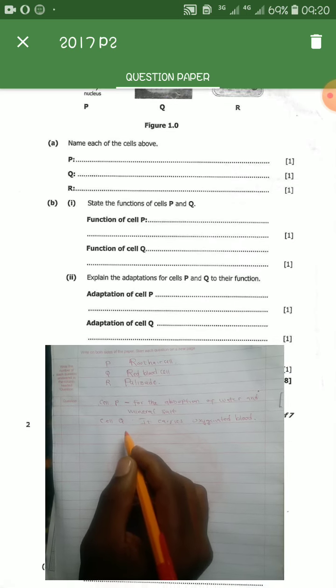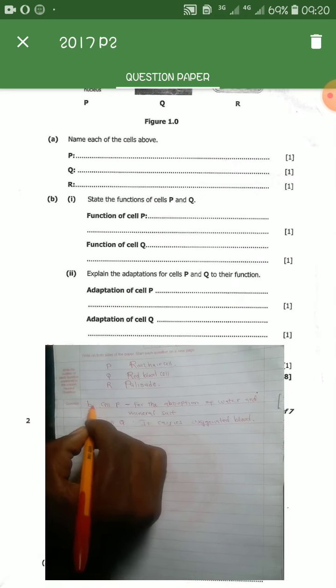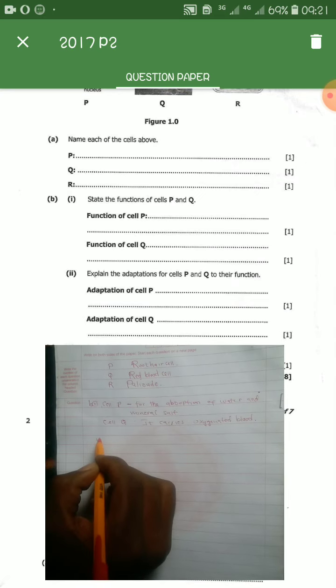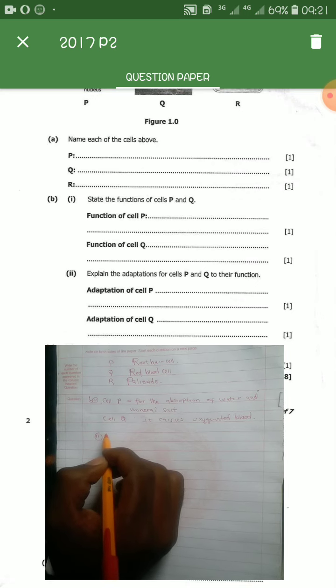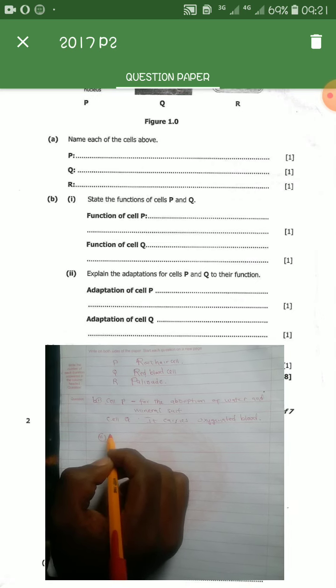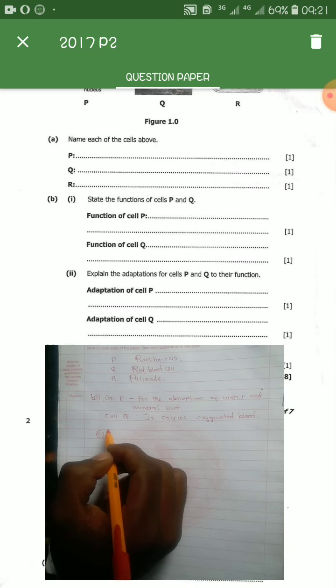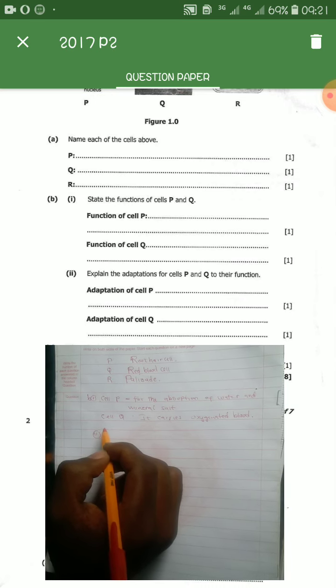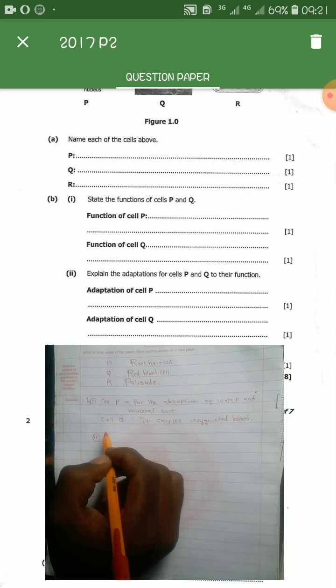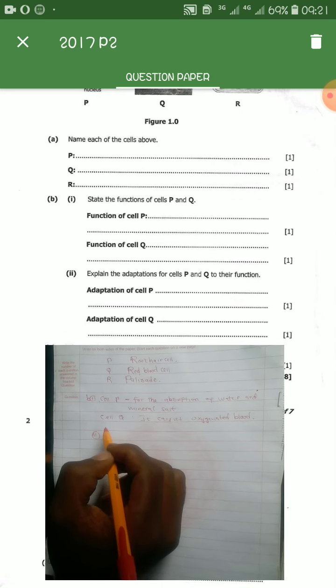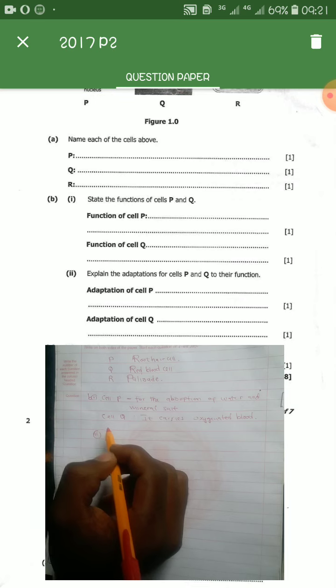Now the other question, which is question B. Explain the adaptation of cells P and Q to their function. When we say adaptation, these are the features or characteristics of that cell which enable it to carry out its specific function.